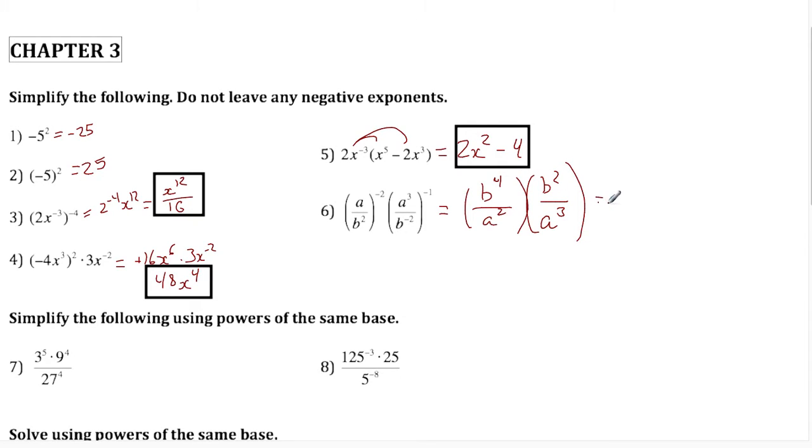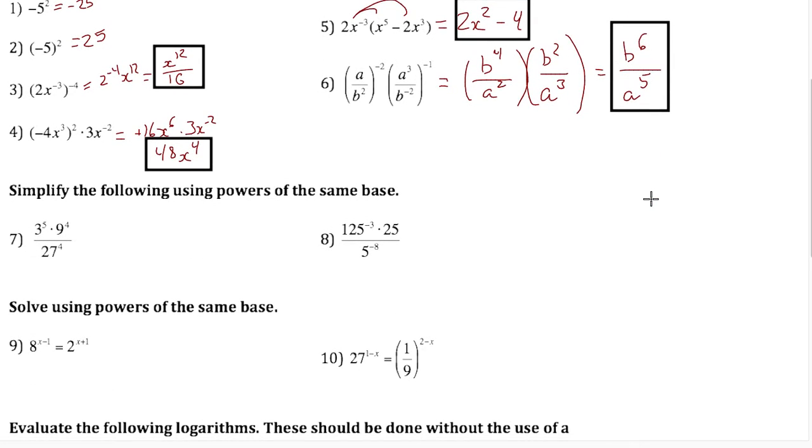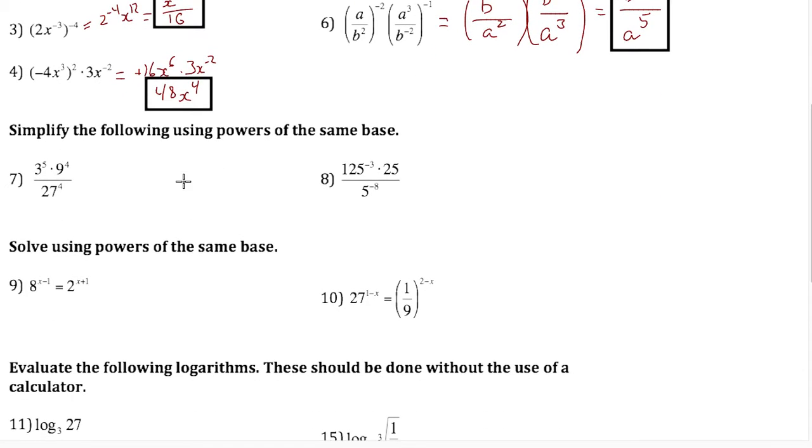And when we multiply, we just go straight across. So b to the 4th times b squared is b to the 6th. And a squared times a to the 3rd is a to the 5th. So b to the 6th over a to the 5th. Basic properties, make sure you know them. They come in handy for something like this.